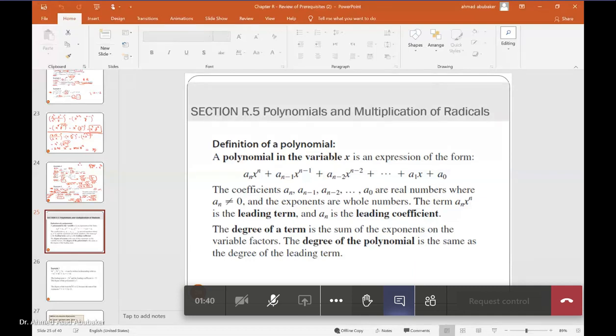We have polynomials: how we can find the addition, subtraction, multiplication, and division of polynomials, how we can find the factorization of polynomials, and how we can rationalize the denominators. This is the subject of this lecture, inshallah.